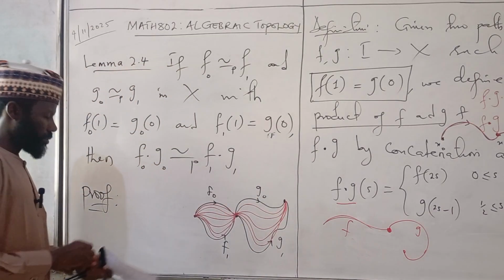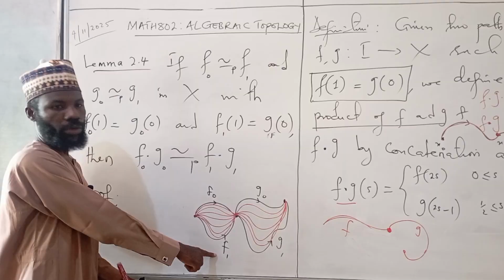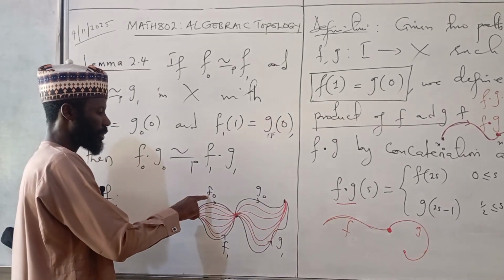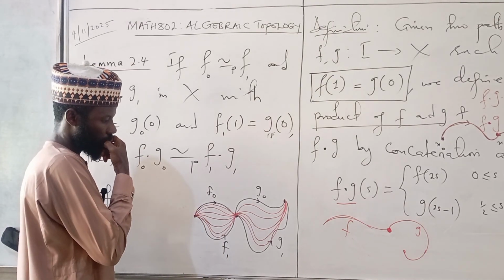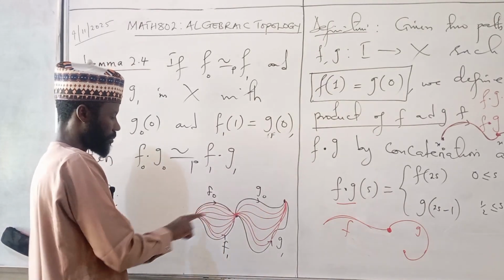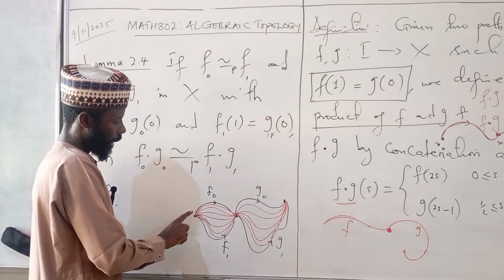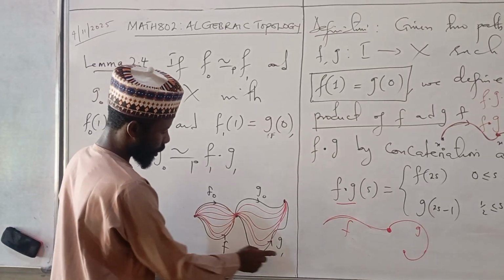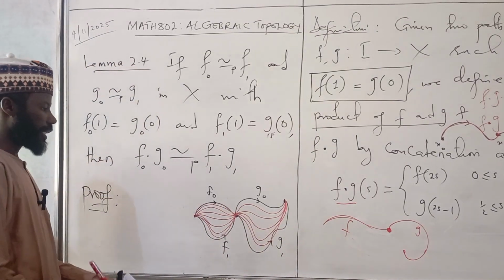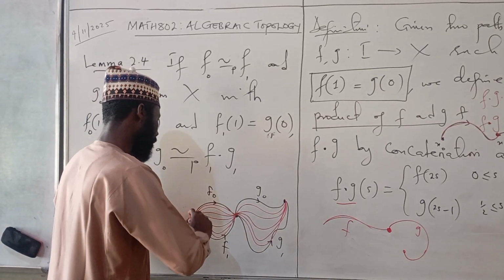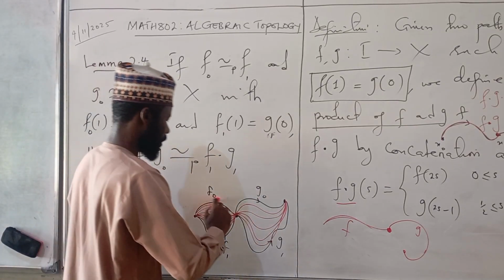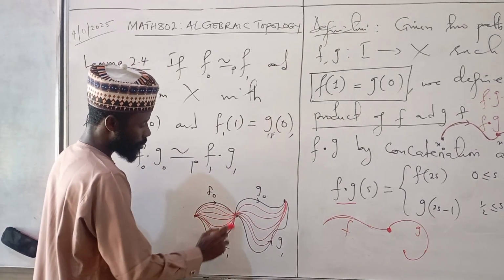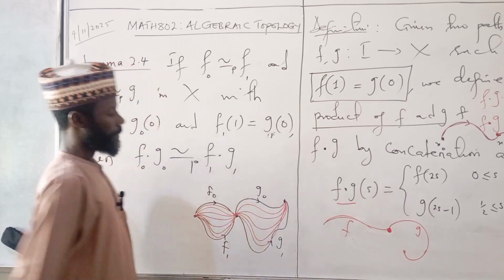So f1 is homotopic to f0, and g0 is homotopic to g1. The product f0 times g0 is defined, and the product f1 times g1 is also defined. So the product f0 times g0 will be homotopic to f1 g1.